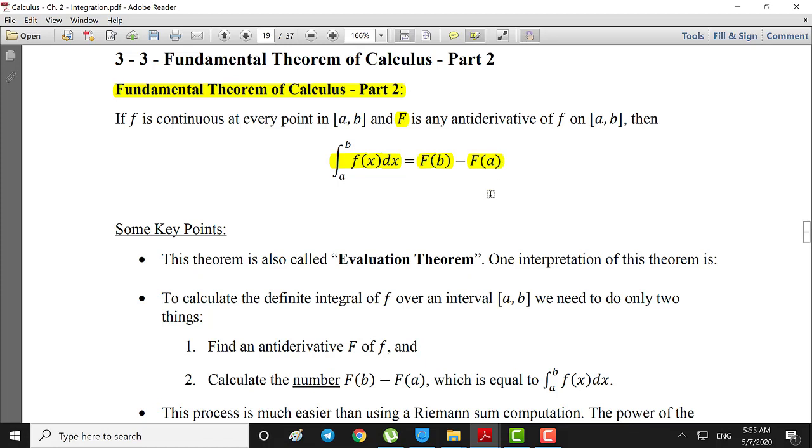This is the theorem that you learned in high school, and now you understand the importance of it.